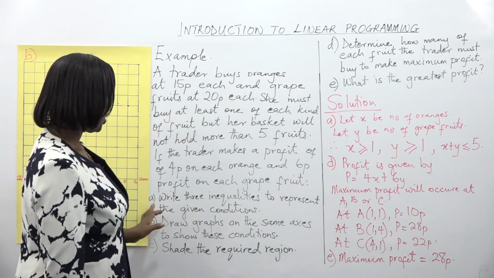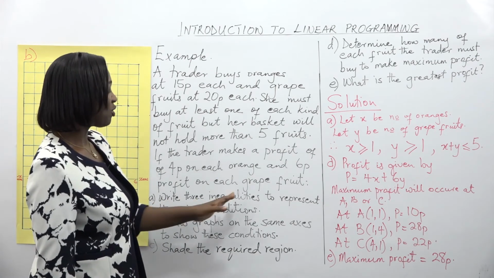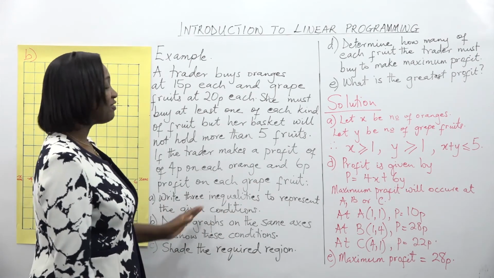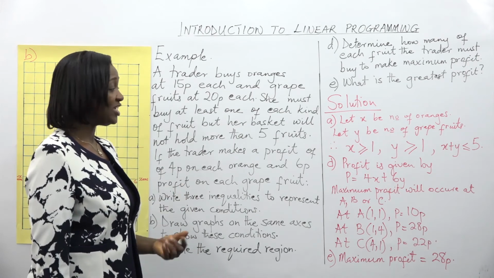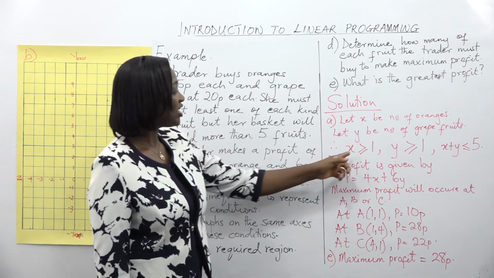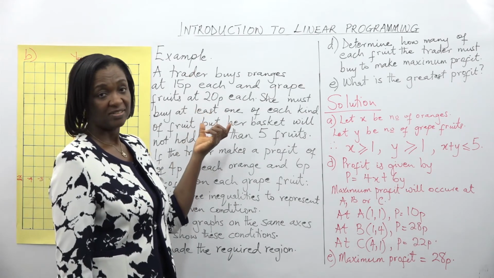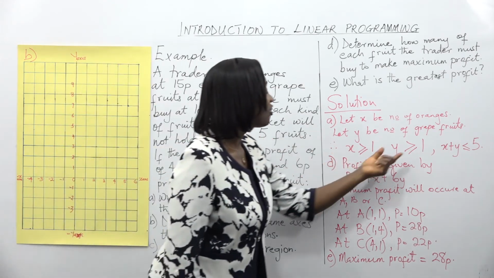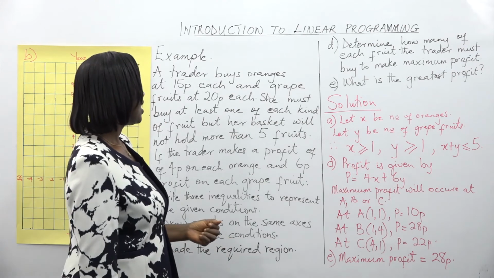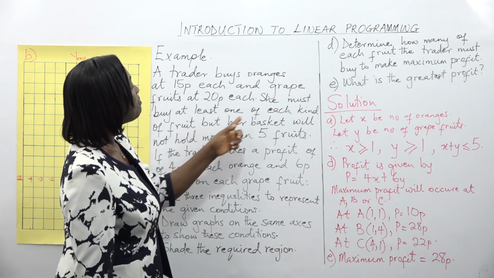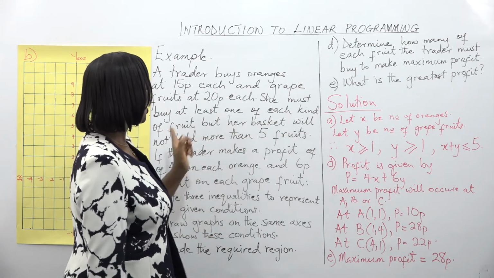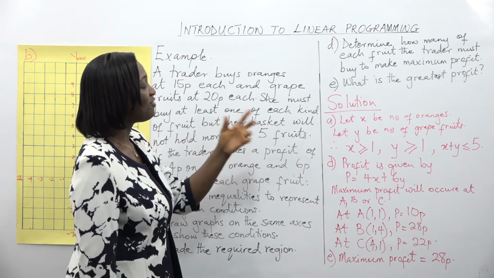We're answering the first question now, where it says, write 3 inequalities to represent the given conditions. So the inequalities are x greater than or equal to 1, because it says at least. y greater than or equal to 1. And then, her basket will not hold more than 5 fruits.